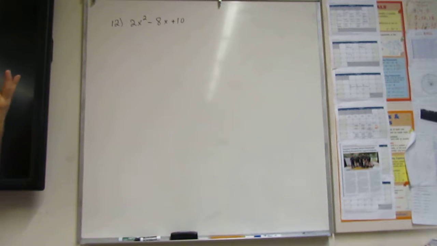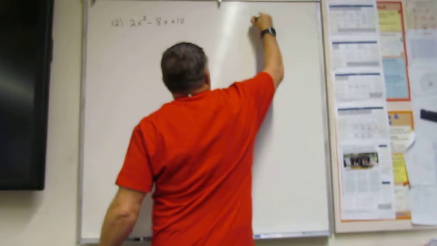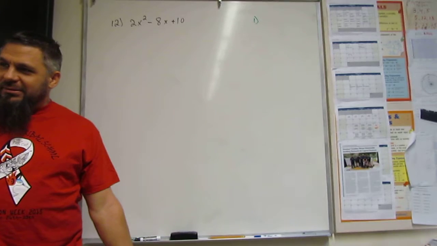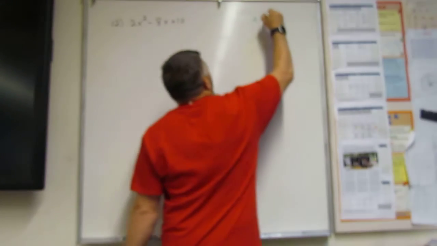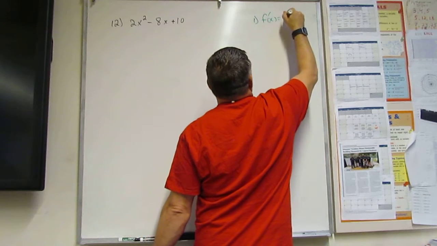Again, 4-step method, right? So, step 1. This is where I usually speed up, and I'm going to try really hard to stay slow. F prime of x is equal to 0.